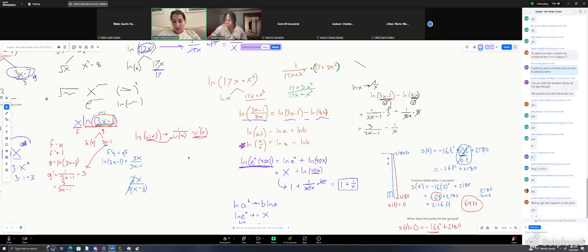Now, 2180 divided by 16. Let me do that really quickly. Good. So I get t squared equals 136.25. And now I need to find the square root of that.